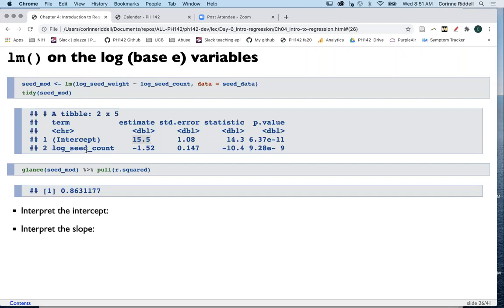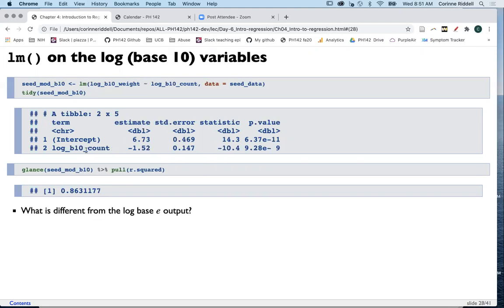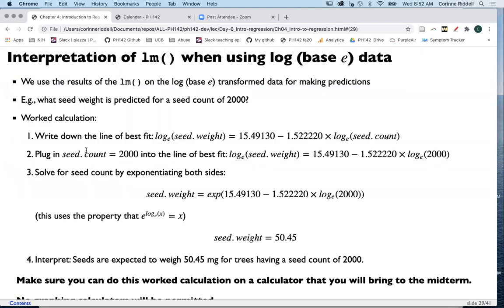To make it interpretable, ask a question like this: what seed weight is predicted for a seed count of 2,000? Now we're getting back to the scale of the raw data. I have a tree whose seed count is 2,000. Can you tell me approximately, according to this model, how much the seeds will weigh?